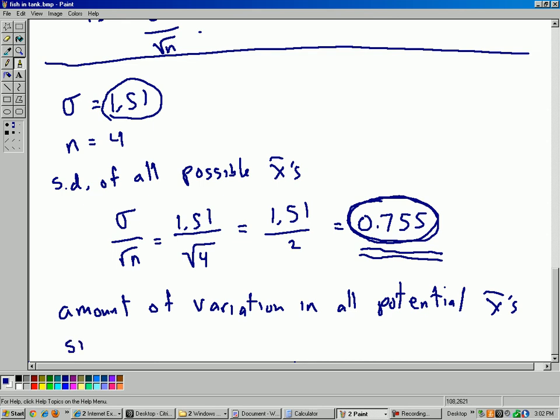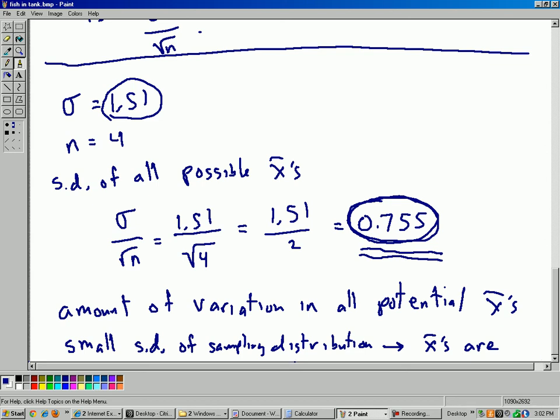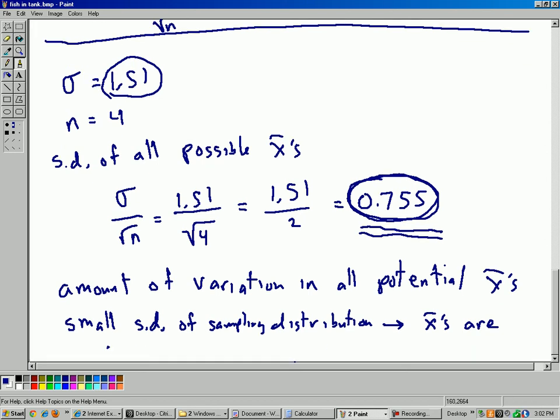But if you have a small standard deviation of the sampling distribution, remember, the sampling distribution is all the different x bars you could get, that means that your x bars are usually very close to mu. And that's the goal of all this, is to get an x bar that's close to mu.